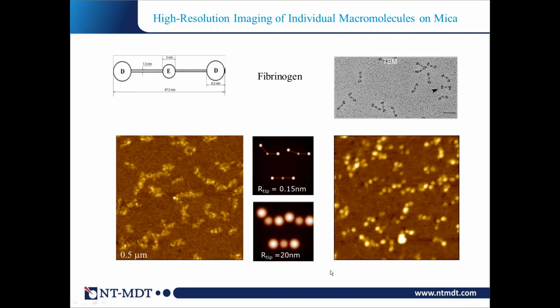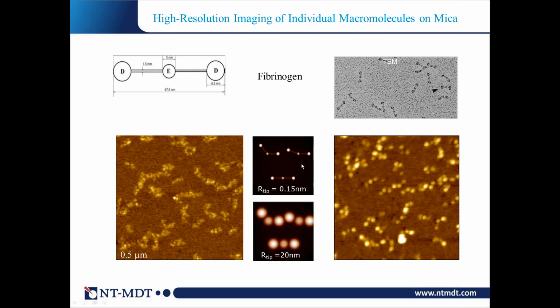Now we will go further, to single molecules. That's the practical case I explained a little earlier. This is fibrinogen protein, single molecules on the mica surface. You know that TEM showed that there are three balls, individual proteins, and there are some related models. With your dull tips, you indeed see this kind of combination of balls.